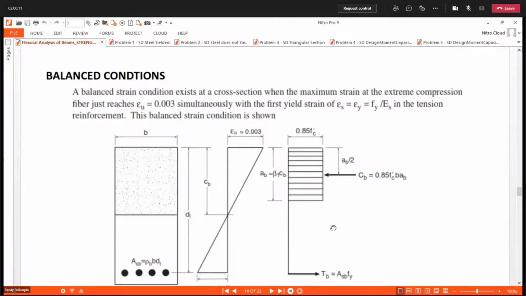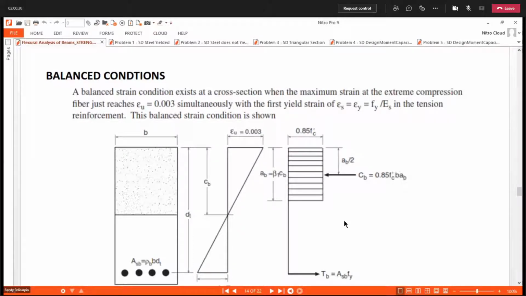Okay, so we have here what we call a balance condition in terms of the stresses in our concrete and in our steel.